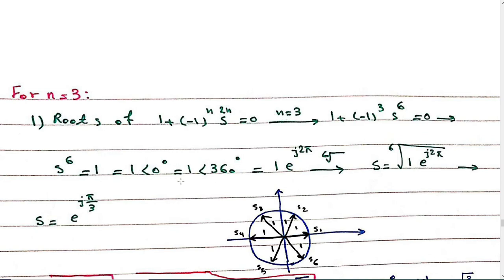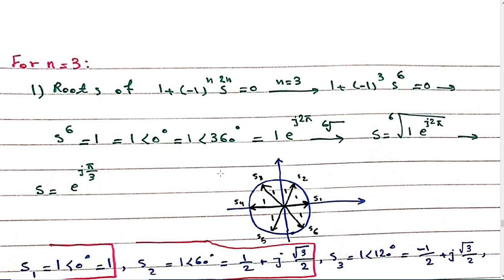Angle is 0 degrees or 360 degrees. So 1 is e raised to the power j 2 pi, and get the sixth root from both sides of the equation. Why sixth root? Because s is raised to the power 6.